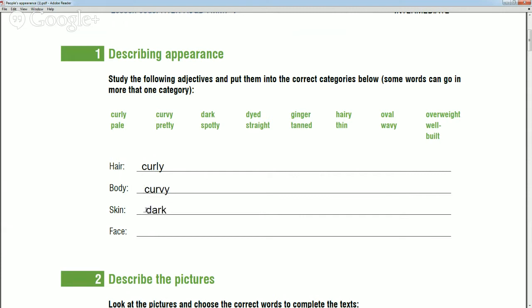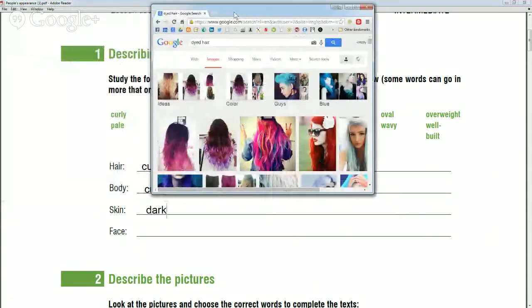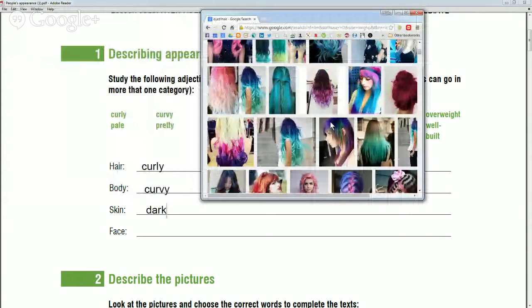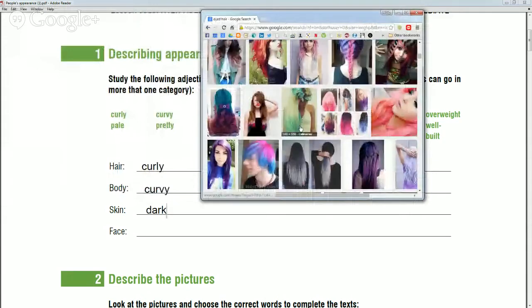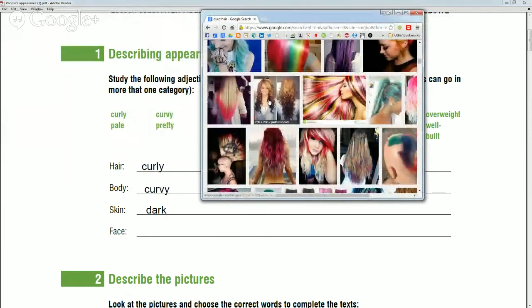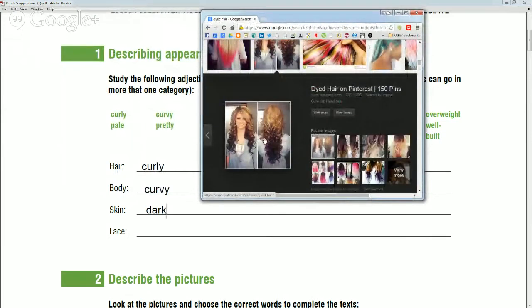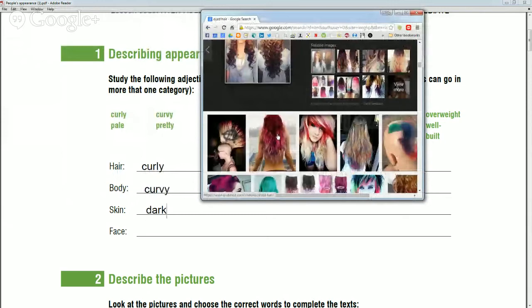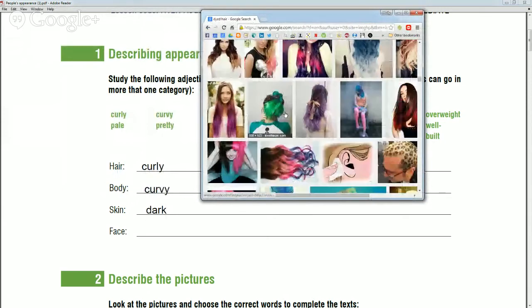And dyed. Do you know that word? I don't know, I have a guess that it is about the face, below the eyes? No, it has to do with hair. If you have dyed hair, you have colored it. Some dyed hair actually looks really nice, and others, it depends on the colors you choose.